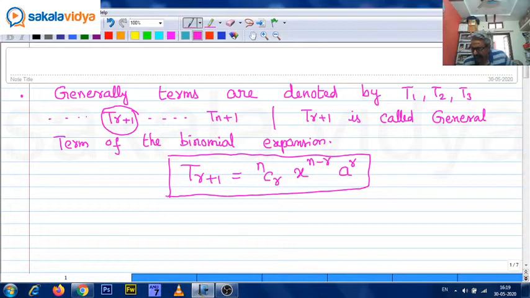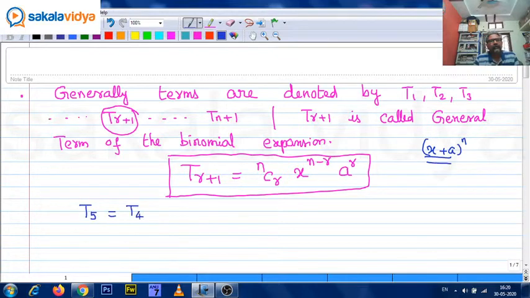So with the help of the binomial theorem general expansion, any term you can find out. For example, in (x plus a) to the power of n, if you want to find T5, how to find the fifth term?